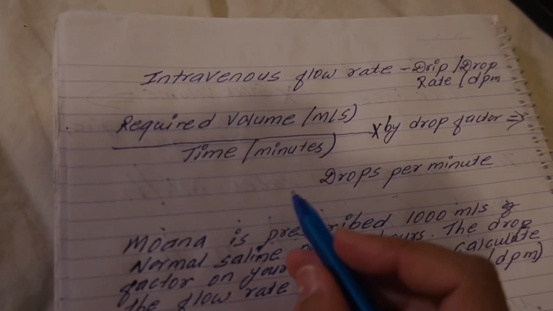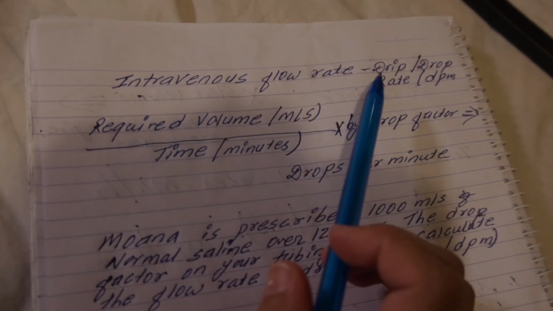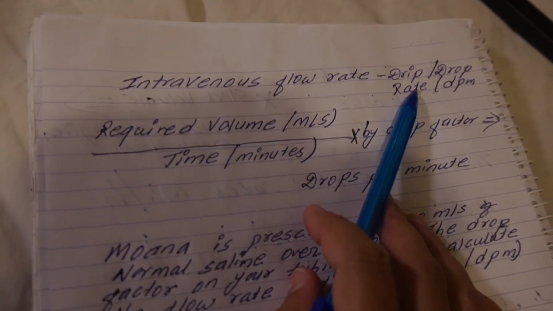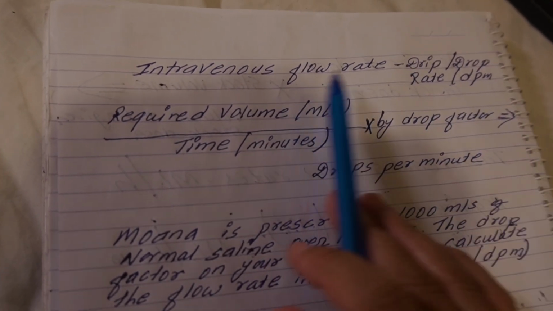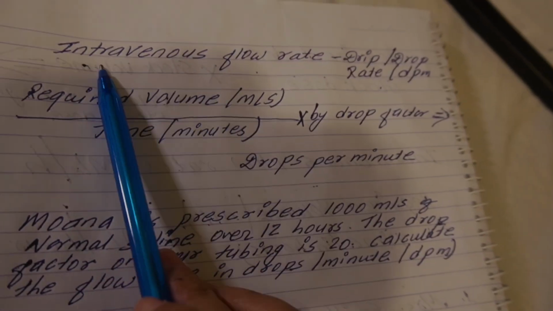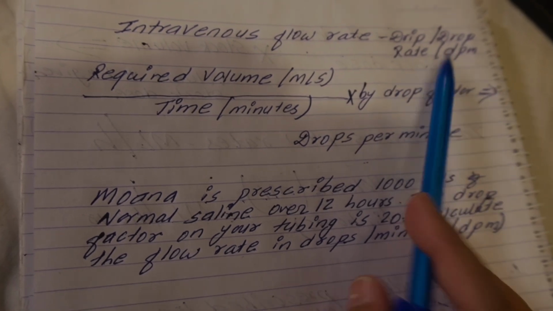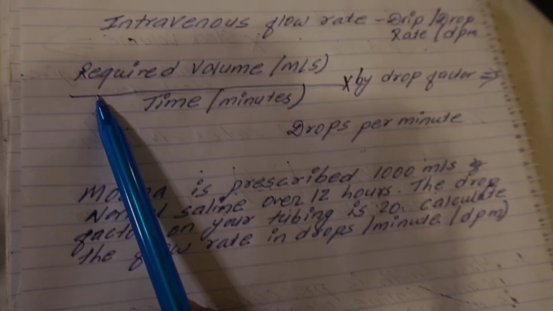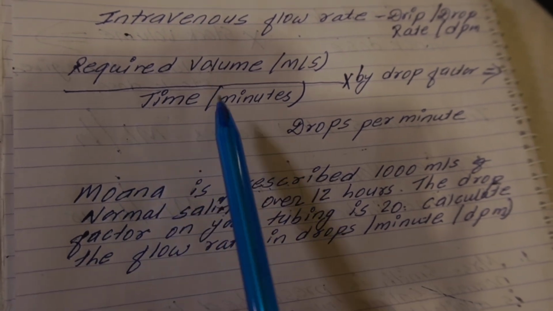This is our last one: intravenous flow rate, drip drop rate. Before, we used the formula for flow rate in ml per hour; now we are using the formula for drip drop rate. The formula is required volume, which is always on top, and below is the time, which is in minutes.